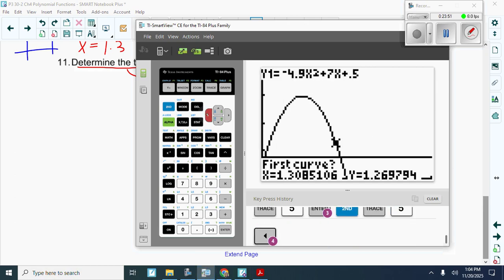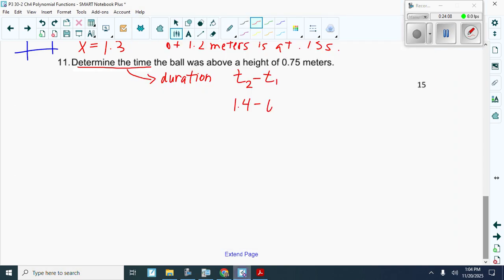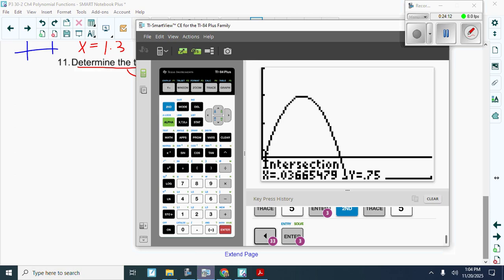Now you just kind of got to nudge it over so it finds the first intersection. Okay, first, second, and then make sure that it zones in there, which is 0.04. Or I guess, is it 0.04? 0.04, yeah.